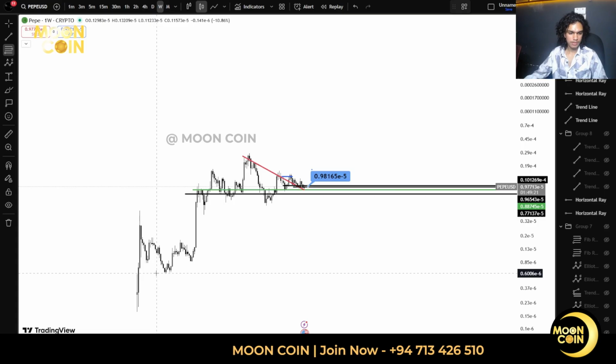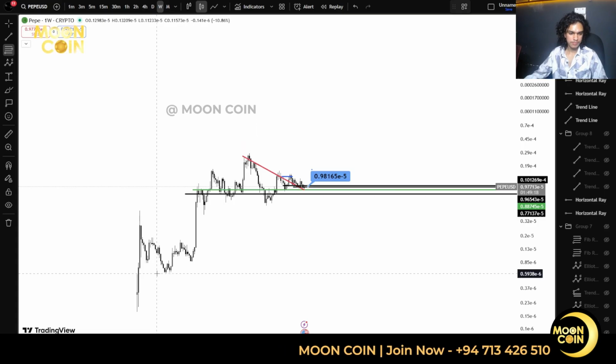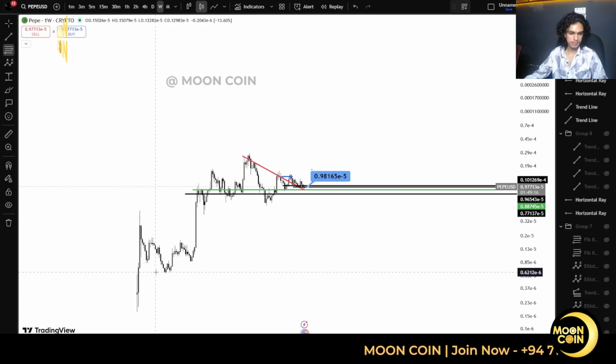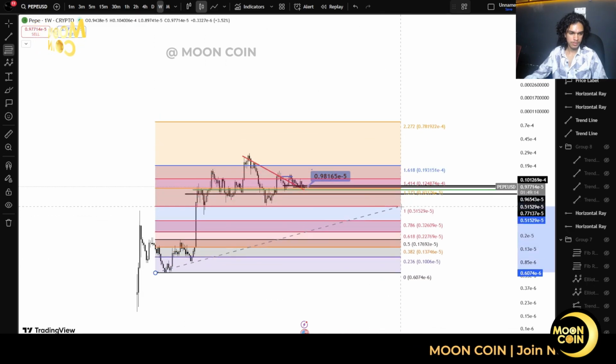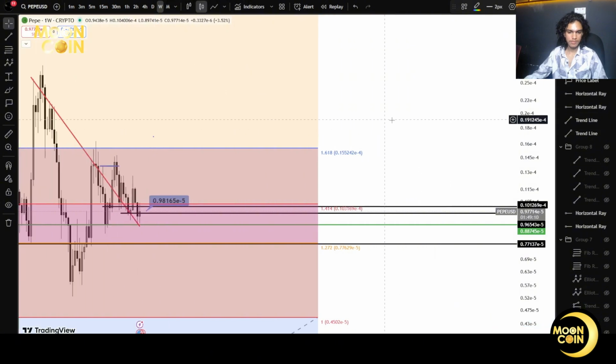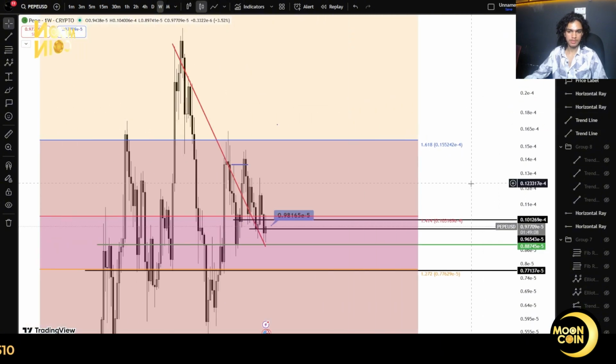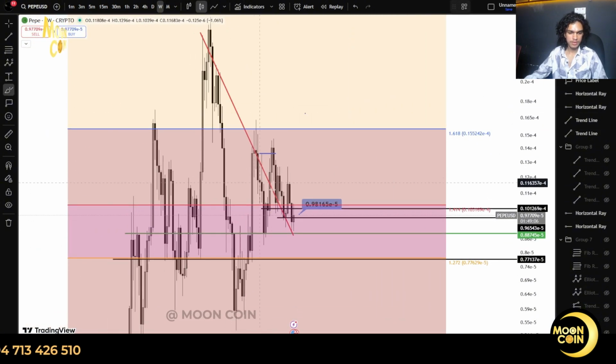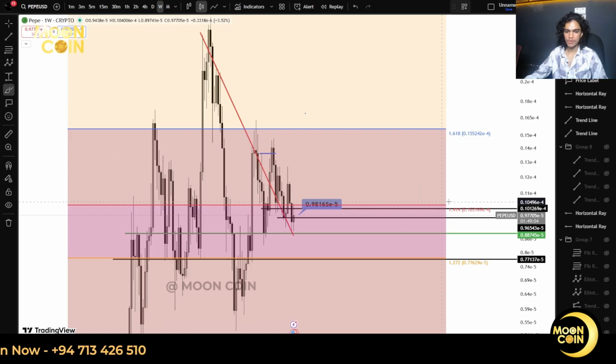If you take the big picture, this is what the market is playing right now. We have this 1.414 fib level here.